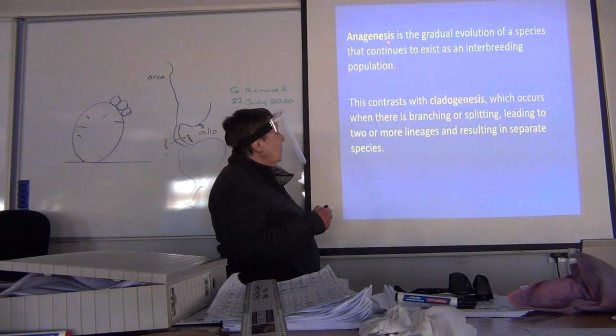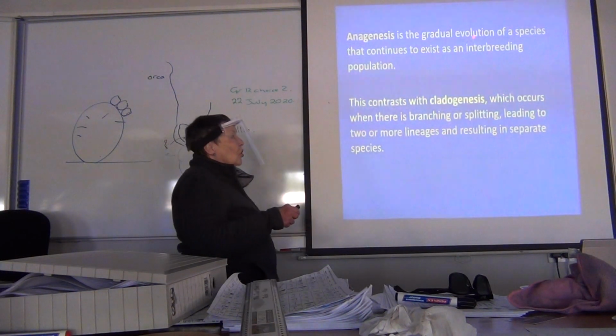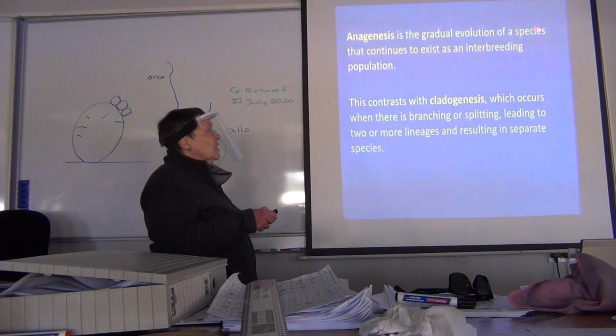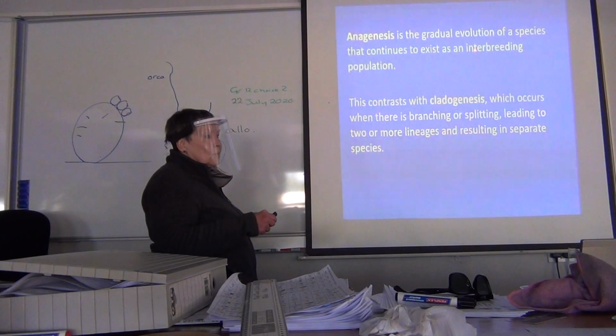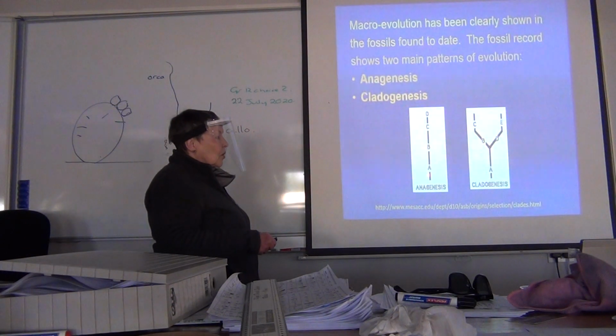Anagenesis is the gradual evolution of a species that continues to exist as an interbreeding population but eventually becomes a different species. Cladogenesis is a branching or splitting leading to two or more lineages and resulting in separate species. So this species evolves into that species.